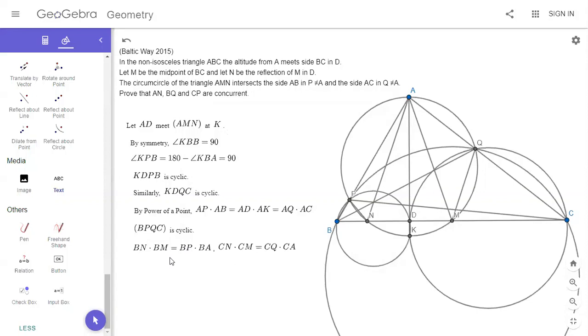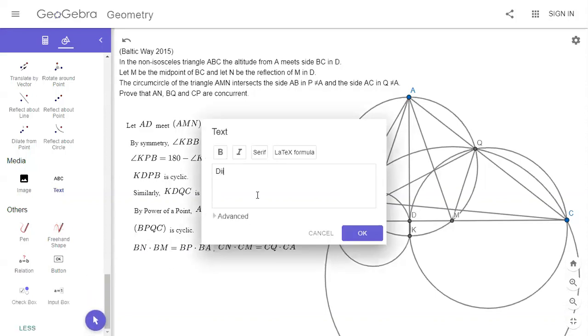So dividing the two, we'd get BN over CN is equal to BP over CQ times EA over CA.